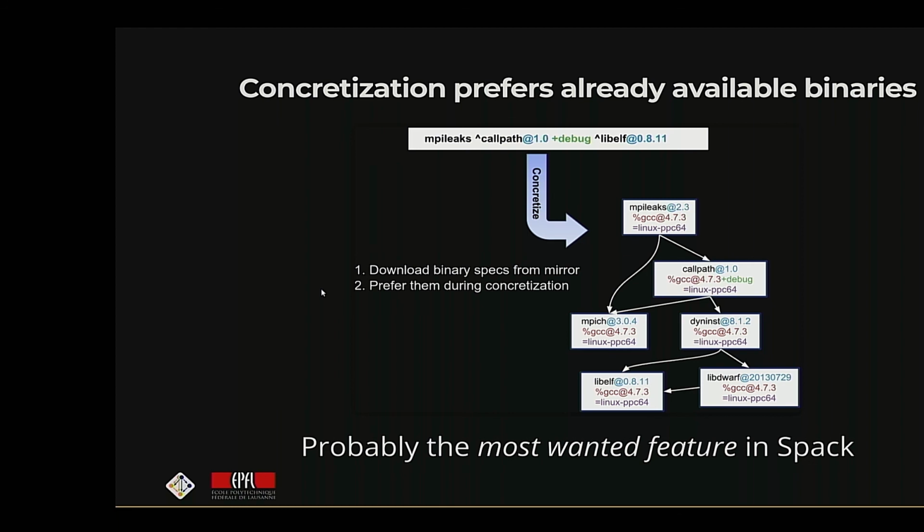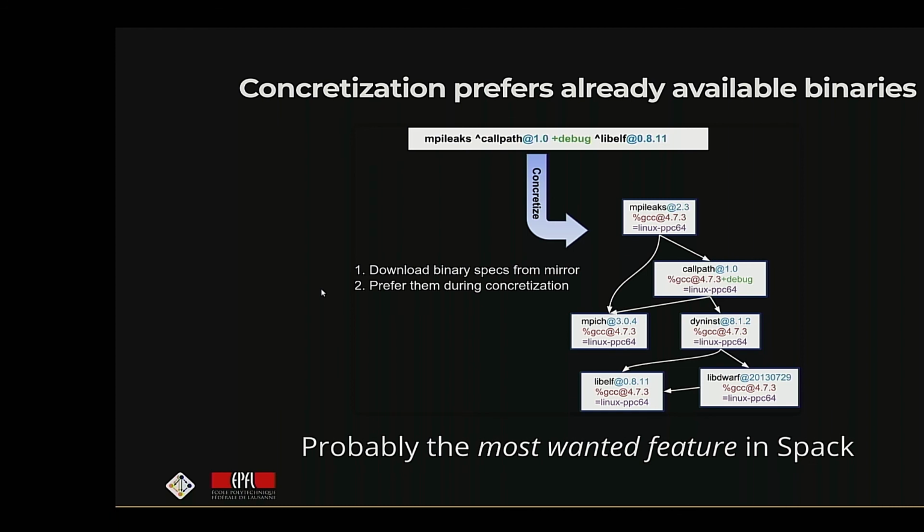And finally, this is probably the most wanted feature in Spack. We want to improve a lot the concretizer. Right now, we have a heuristic to do all the SAT solve for the constraints. What we want to do, that seems simple said like that, is basically move to a full SAT solve so that we can instruct the concretizer to prefer to download binaries from mirrors if they are already there, or to reuse software that has already been installed if it doesn't conflict with whatever the user asked for explicitly.